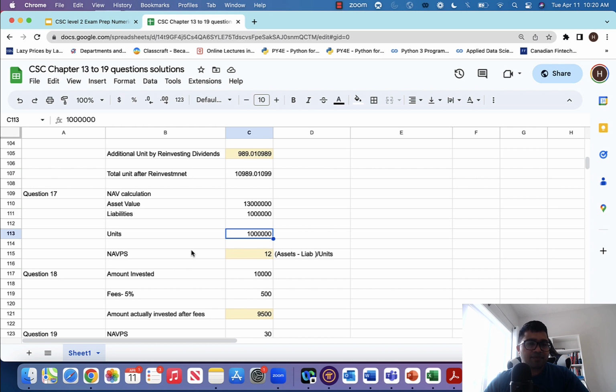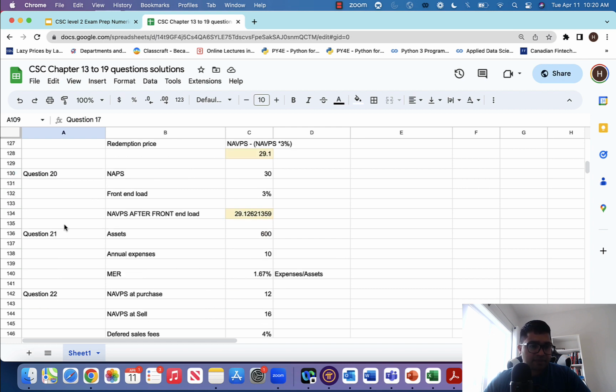The formula is assets minus liabilities divided by total number of units. So it is 13 million minus 1 million divided by 1 million. So it comes to a net asset value of $12 per share. That covers question number 17.